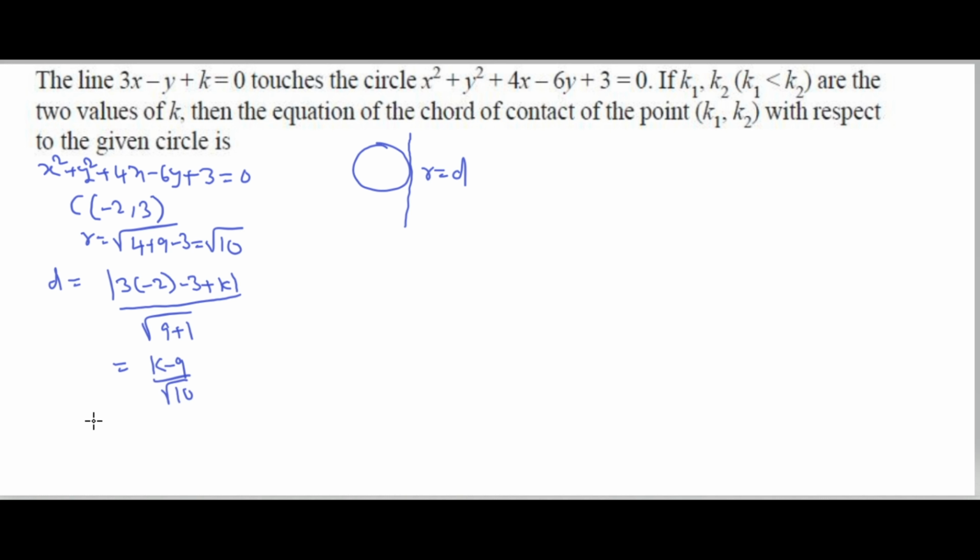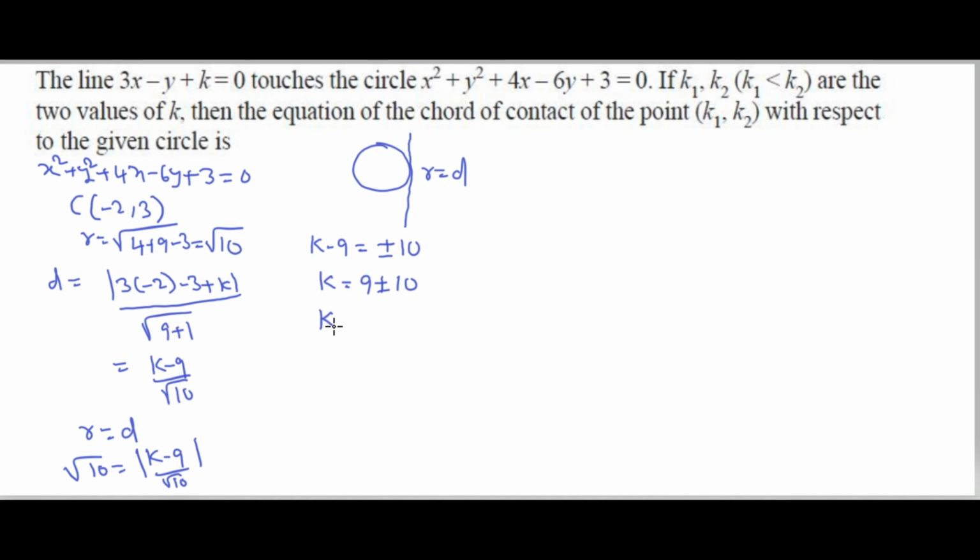The line touches the circle, that is r is equal to d. The r value is root 10, which is equal to modulus of (k − 9) by root 10. So k − 9 is equal to root 10 into root 10, that is plus or minus 10. So k is equal to 9 plus or minus 10.